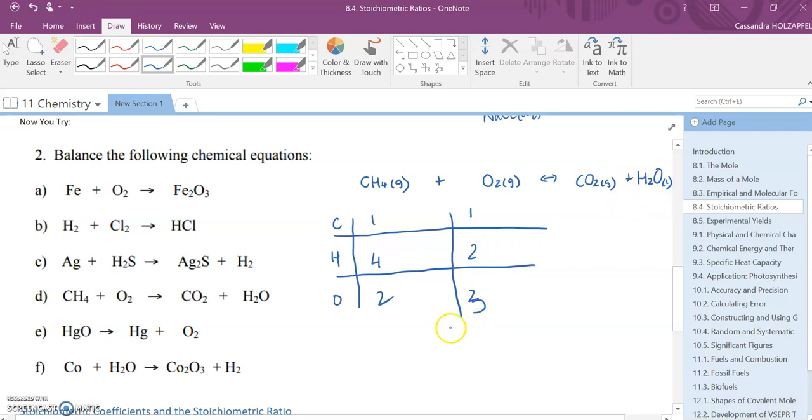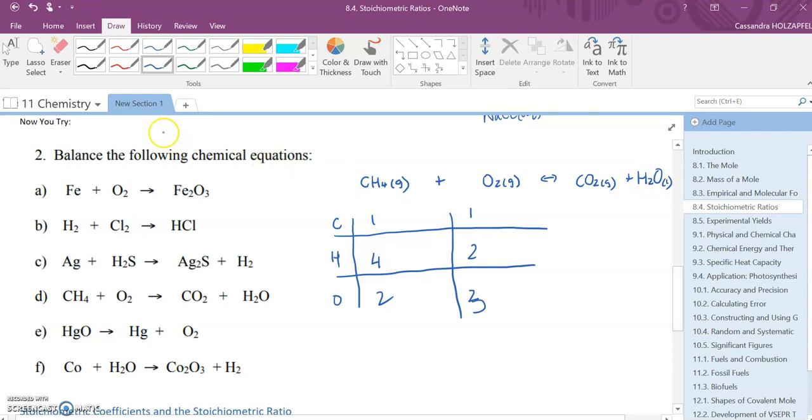Okay, so this one here, we can already see straight away that we're going to have some issues. With odd numbers, it always is a little bit trickier, so I always just know that if I see an odd number, I'm probably going to have to cross multiply. But this is a little bit different because we've actually got 2 of the oxygens in the carbon dioxide and 1 of the oxygens is in the water.